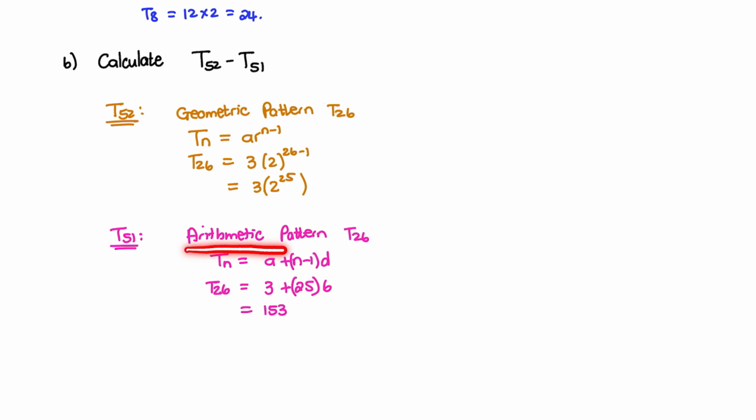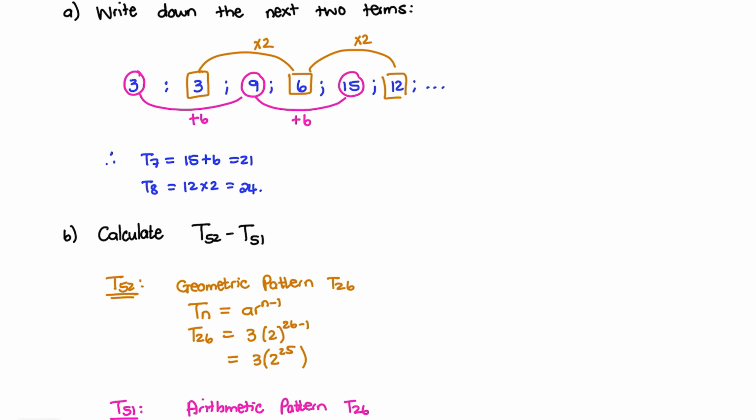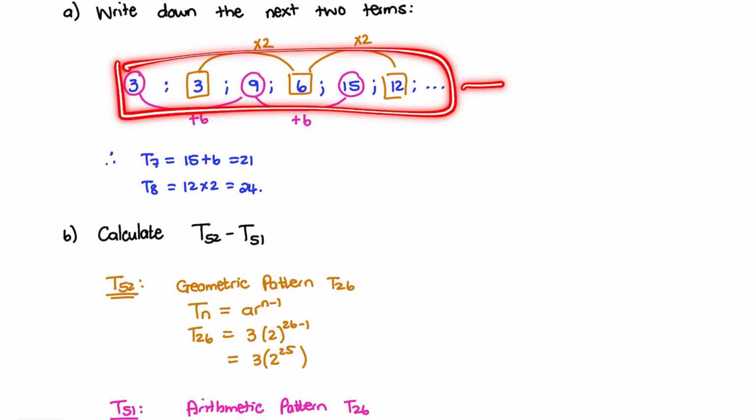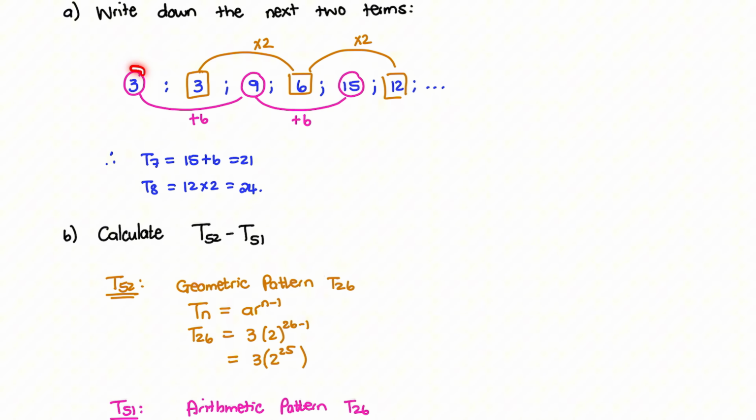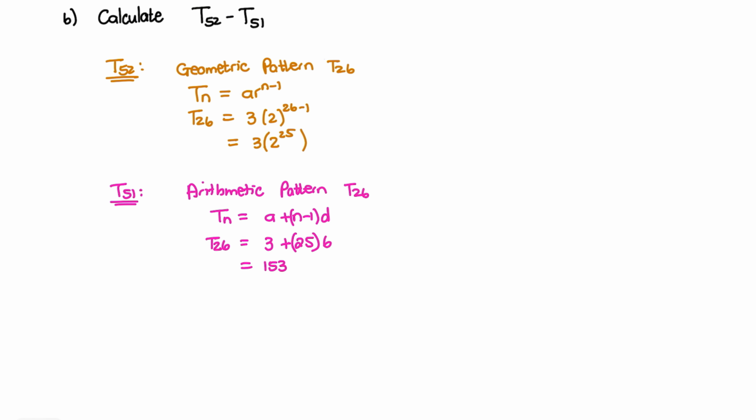So let's move on to the arithmetic pattern. Term 51 in the original pattern would be term 26 of the arithmetic sequence. So the first term now is 3.